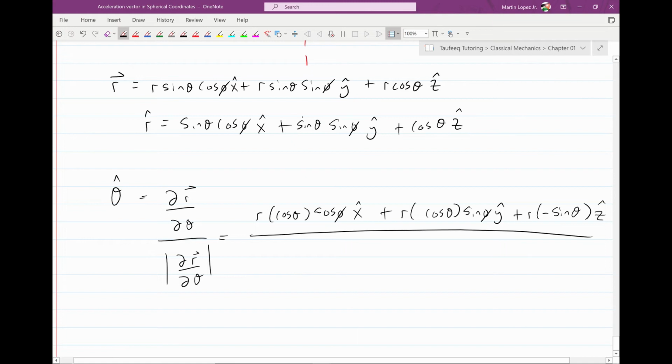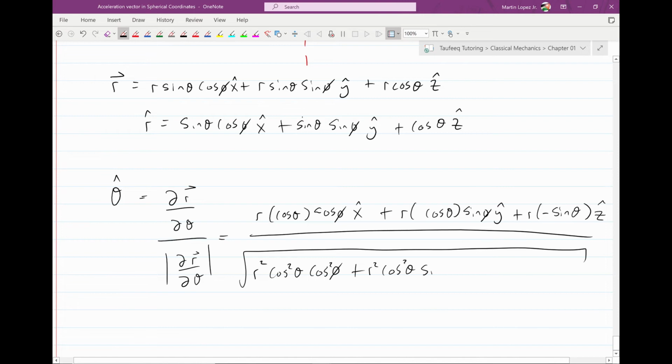Divided by the magnitude of these, so the square root of r squared cosine squared theta cosine squared phi plus r squared cosine squared theta sine squared phi plus r squared sine squared theta.